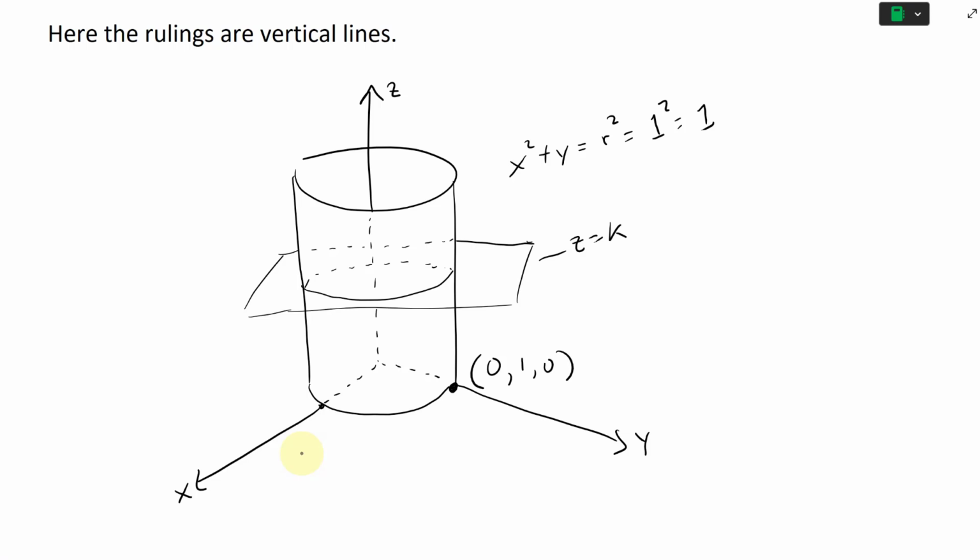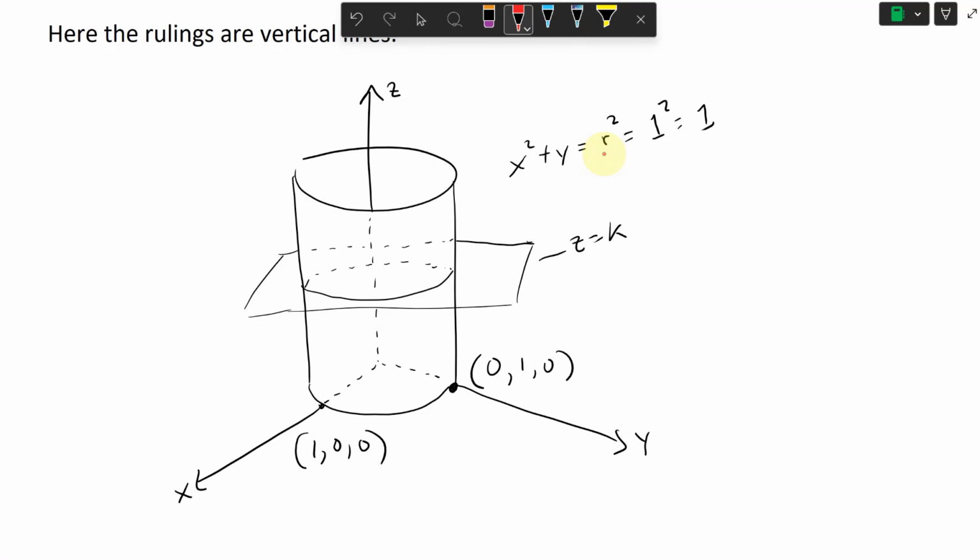This point is going to be at 1, 0, 0. And so on. So that's how it looks. Then the rulings are just going to be straight across like this through it. I'll put a dash through this plane, and these are all the rulings across it.